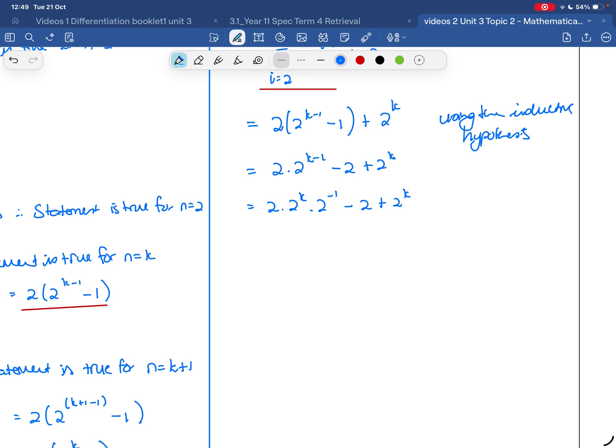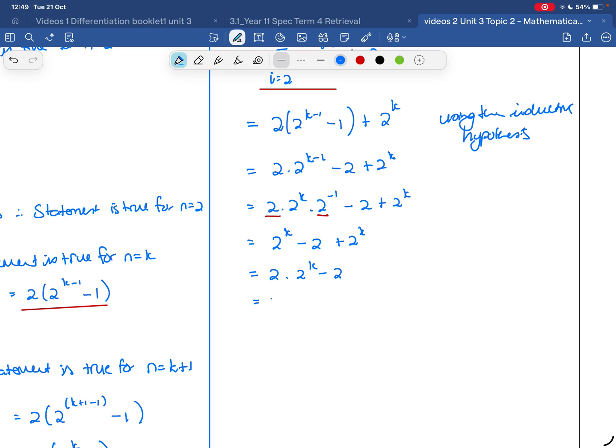And 2 times 2^(-1) cancel each other out. So that means I've just got 2^k minus 2 plus 2^k. And of course, 2^k plus 2^k is 2 times 2^k.